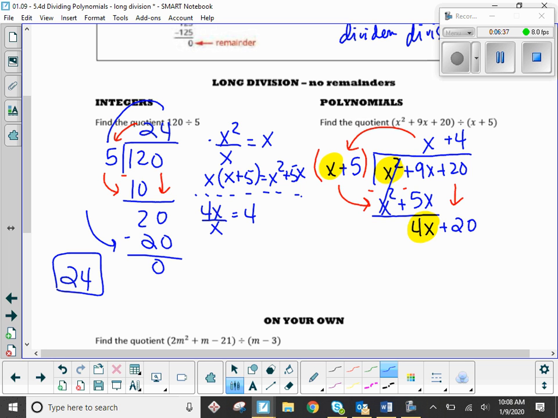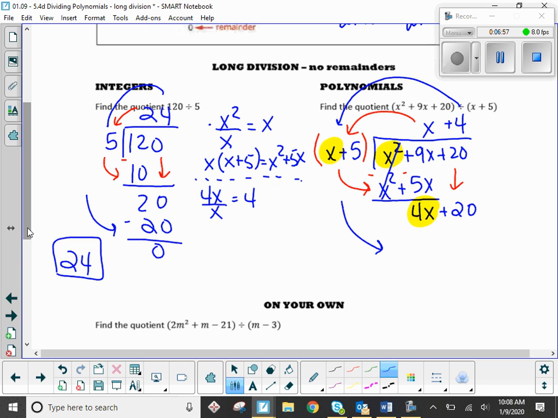So I'm going to take that 4. It's the first terms. You're doing 4x divided by x to get yourself started. 4 times that x plus 5, you're going to bring it down here. So let's look at what that math is real fast. 4 times x plus 5, that's the divisor. It's 4x plus 20. I'm going to write it down here.